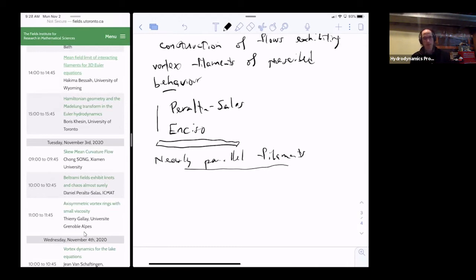Okay, so an intermediate regime is, well, first a regime where I could take the full binormal curvature flow and look at a filament which is a small perturbation of, say, a vertical line. So I take a vertical line and I look at a small perturbation, and what one expects to get from that is a kind of linearization of the binormal curvature flow. And the linearization turns out to be exactly the linear Schrodinger equation.